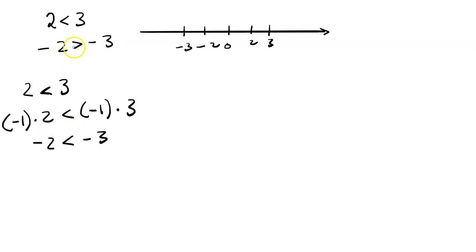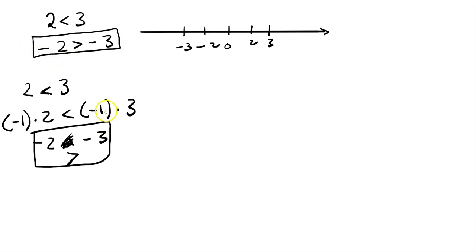Here are a different direction on this one. So we see that when we multiply both sides of an inequality, to get the correct result, we need to flip the direction here. So we see that this is the same as this. If we didn't flip, it wouldn't turn out correctly.